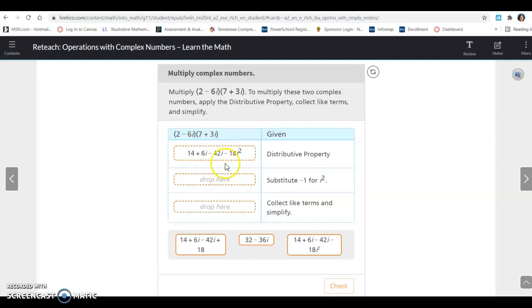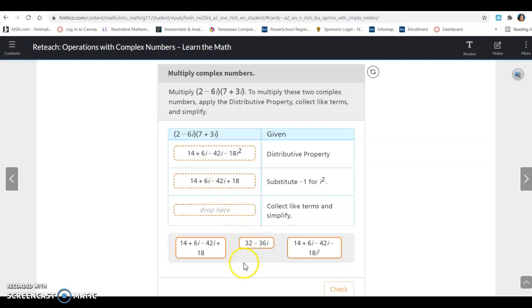And then you're going to substitute negative 1 for i squared. So remember, anytime you have i squared, that equals negative 1. So instead of negative 18i squared, now I'm going to have positive 18 on the end. Then you can combine like terms. So I've got two real numbers, 14 plus 18 is 32. And then the 6i minus 42i gives me the negative 36i.